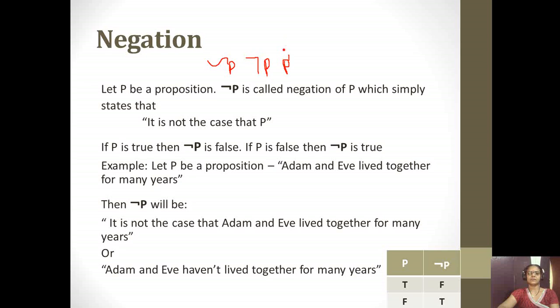These are the 4 ways in which negation can be written. ये पहला तरीका, ये दूसरा तरीका, ये तीसरा तरीका. Negation means opposite of the proposition. जो proposition है उसका opposite. अगर ये true है तो result false होगा, अगर ये false है तो result true होगा. That is negation. Negation can be represented as tilde P or this symbol P or P dash.